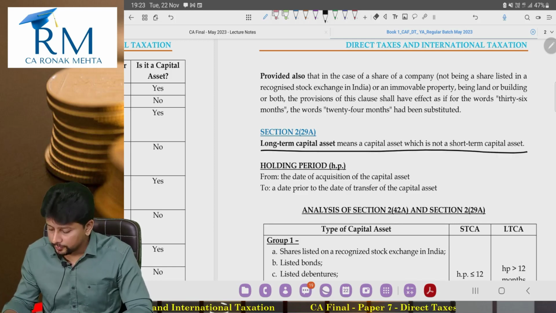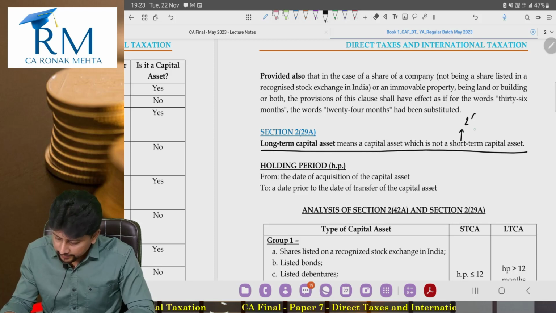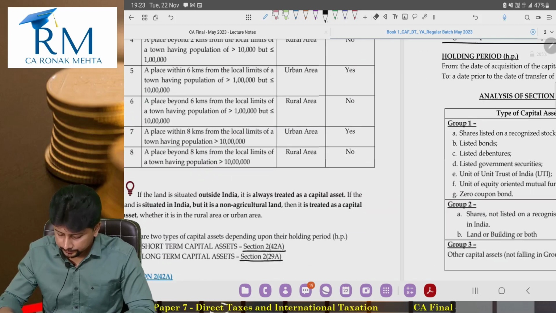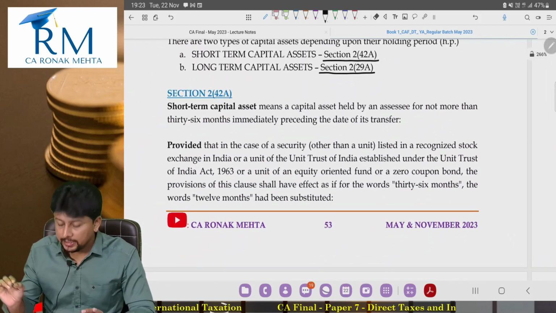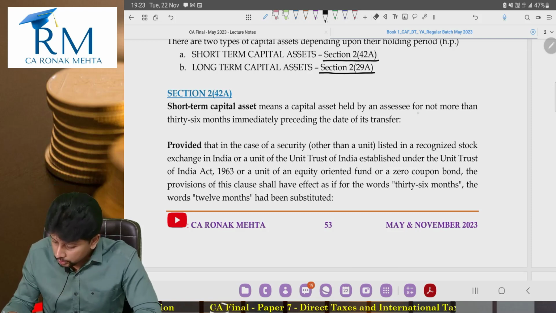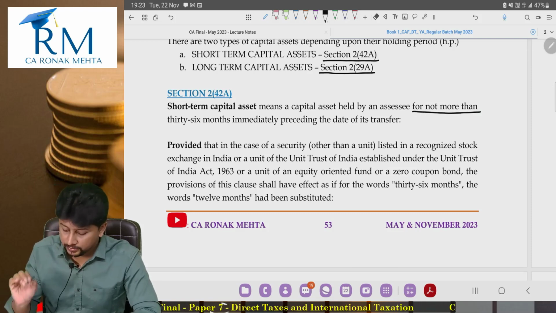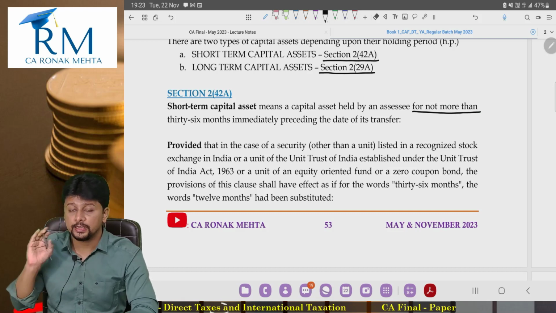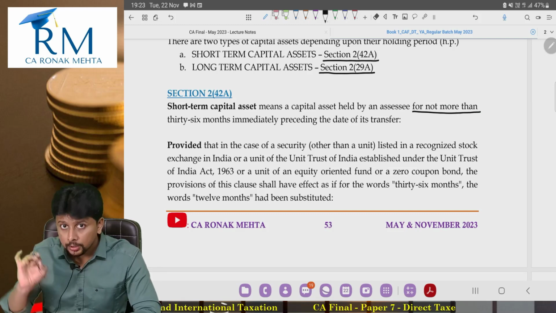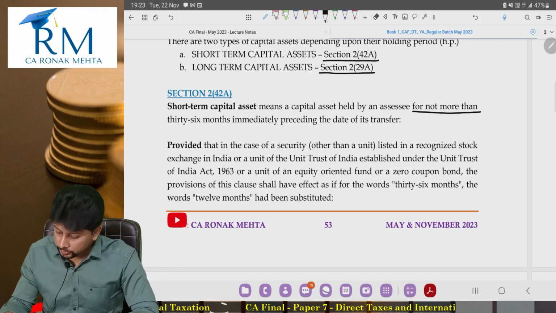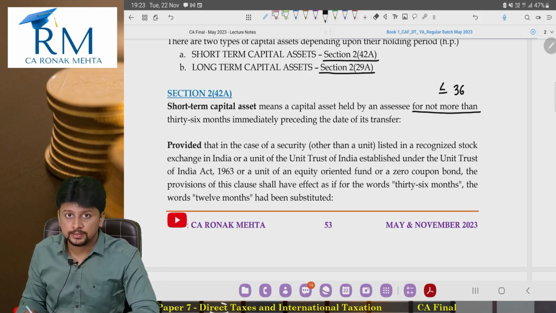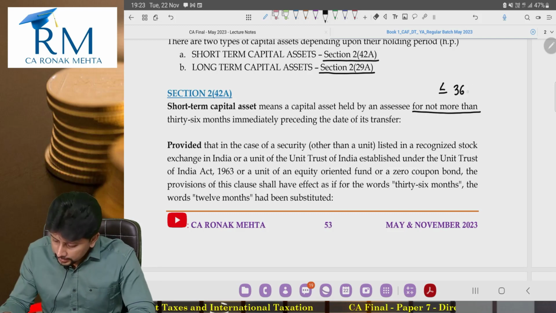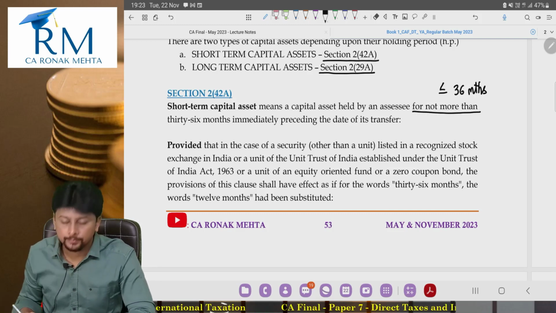That means, first of all, we have to study what is a short-term capital asset. Short-term capital asset means a capital asset held by the assessee for not more than 36 months immediately preceding the date of transfer. Not more than 36. So it can be either 36 exact or less than 36, but never more than. This is the basic definition.